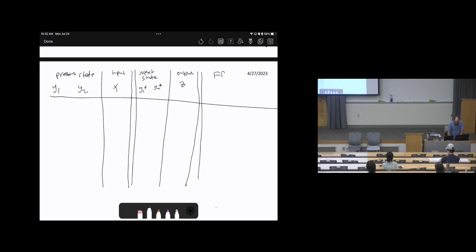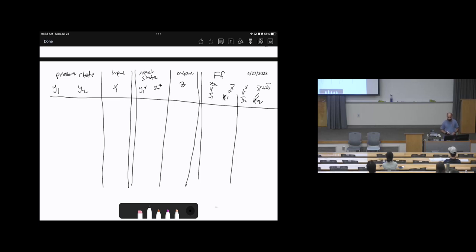So for the flip-flops, we have J1, which is actually x y2, and we have K1, which is actually x bar. Then we have J2, which is actually x, and K2, which is x bar plus y1 bar.